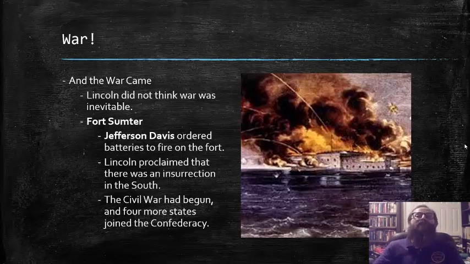Lincoln used this as justification to enter into a wider conflict and proclaimed that there was an insurrection in the South. He refused to recognize the authority to secede from the Union and considered the Confederate States not a separate entity, but essentially states that were in open rebellion against the national government.